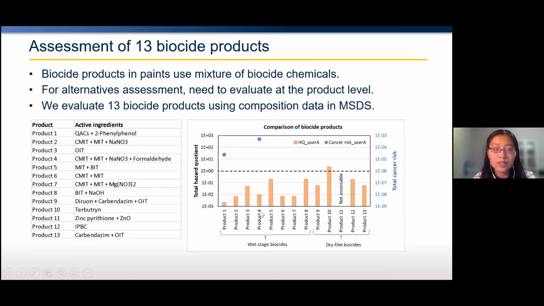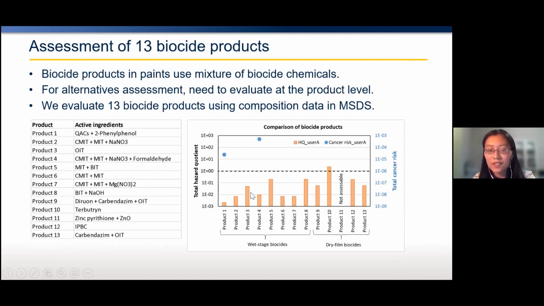So next we take a closer look at the biocides, and products use a mixture of biocide chemicals instead of single chemicals. So we evaluate at the product level, and we look at 13 different biocide products, and this table shows the active ingredients.